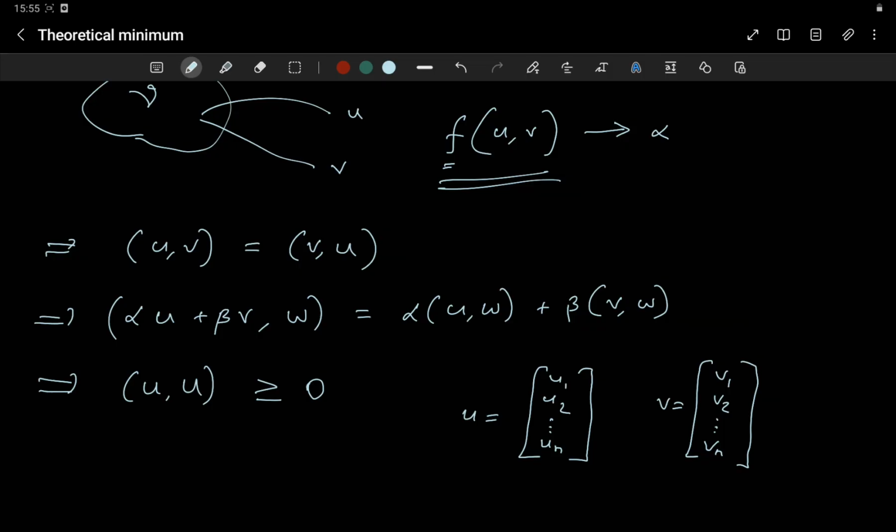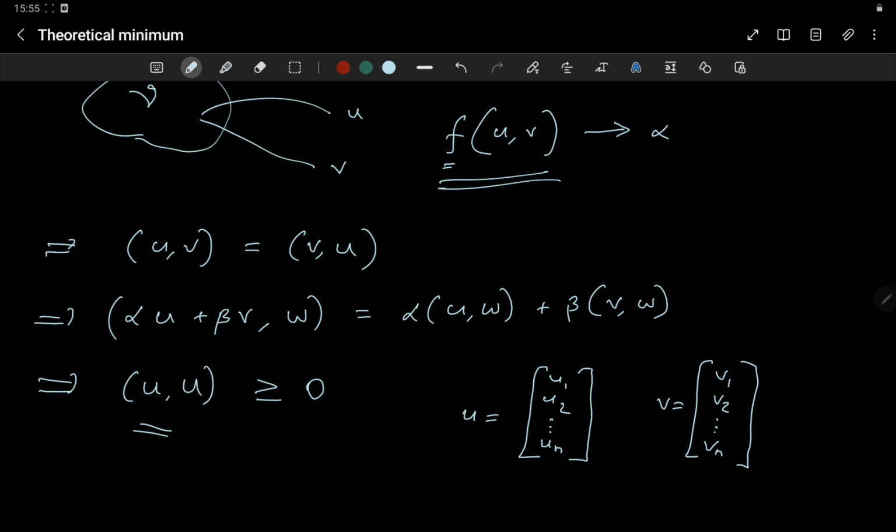If the u vector is a 0 vector, only then it will be equal to 0. Otherwise it will be greater than 0. We will see that as the magnitude of the vector, right? So that's what it is, the magnitude of the vector.